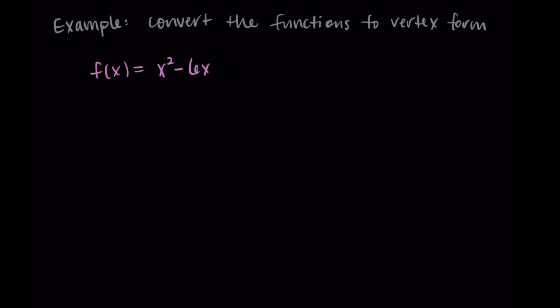Okay, so we're going to do two examples where we convert to vertex form. First, let's convert the function f of x equals x squared minus 6x plus 10 to vertex form. This is in standard form, ax squared plus bx plus c, and we want to rewrite it in vertex form, a times x minus h squared plus k.